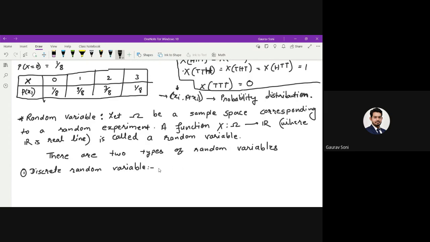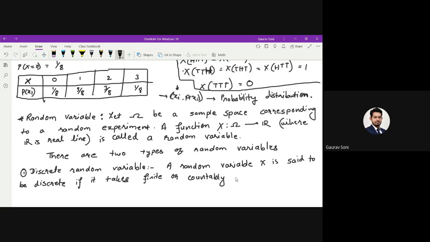A random variable x is said to be discrete if it takes finite or countably infinite number of values.